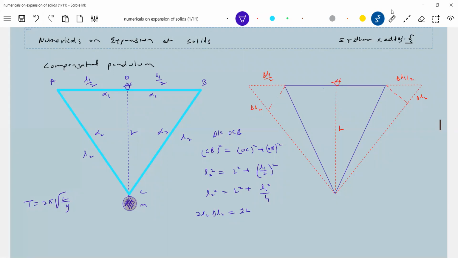For the time being, write it 2L delta L plus 2L1 delta L1 by 4. So what should be the condition? Delta L should be 0. Then only L will be constant. So what do we get now? 2L2 delta L2 is equal to L1 delta L1 by 2.